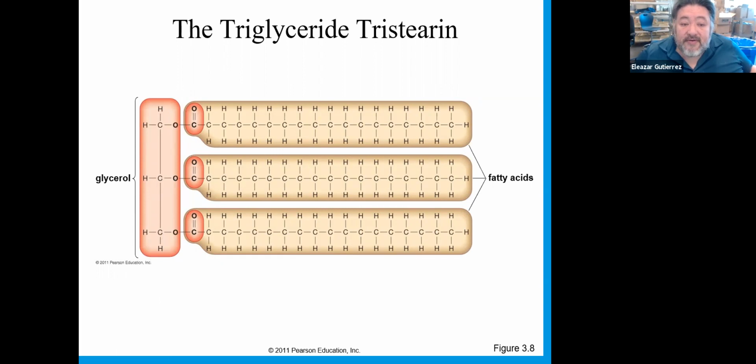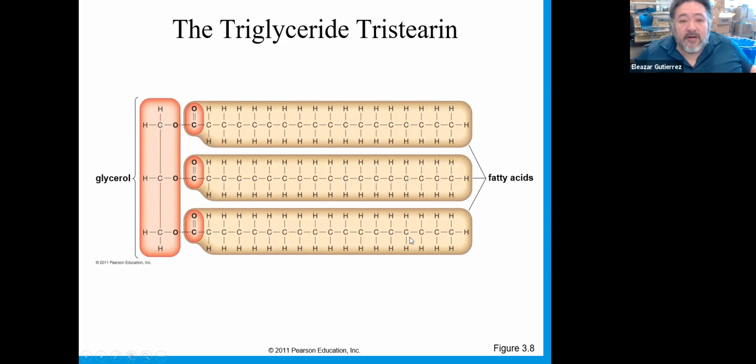Remember, we have a hydroxide. It can be either a sugar or it can be an alcohol. And then these are fatty acids. Picture an OH group right here. So this functional group is supposed to be a carboxylic acid before this thing is formed. So this is a triglyceride.